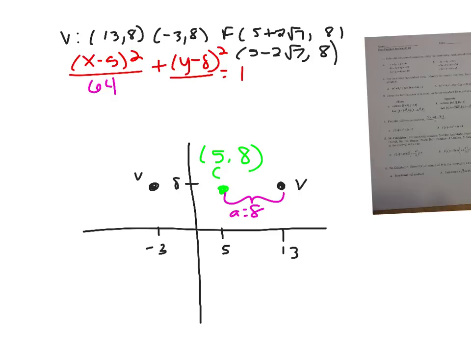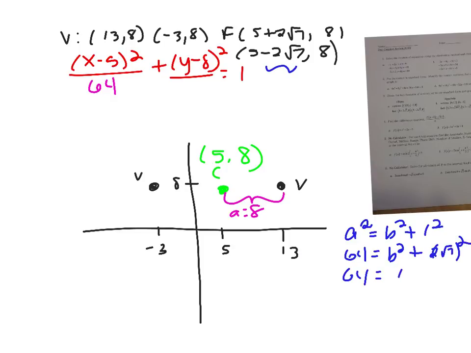Now I need to find my b value. So I'm going to use a squared equals b squared plus c squared. So that's 64 equals b squared plus c squared. Your c is the distance from center to focus, so that's 2 square root of 7, squared. So that's 64 equals b squared plus 28.